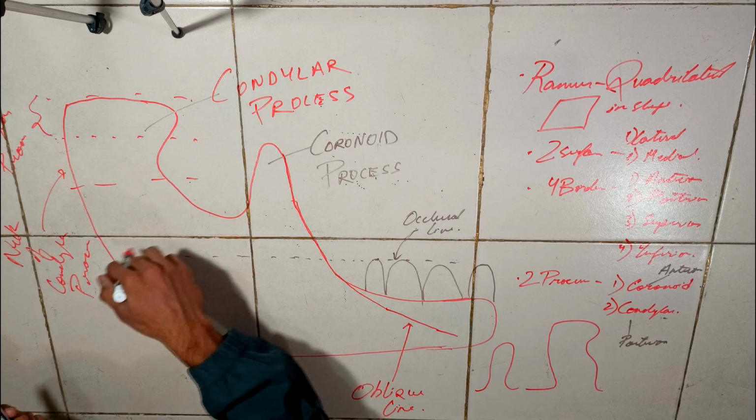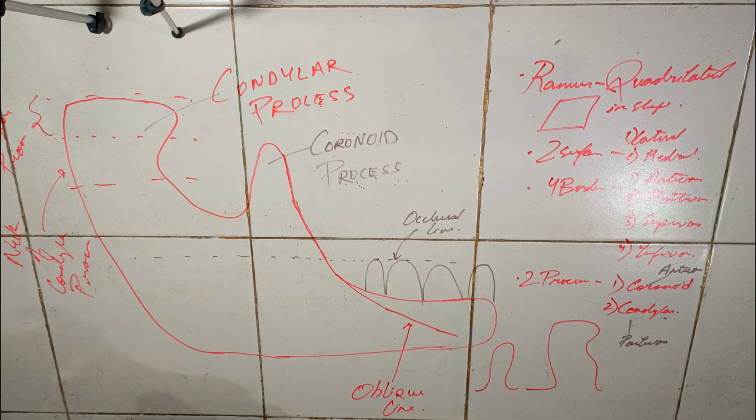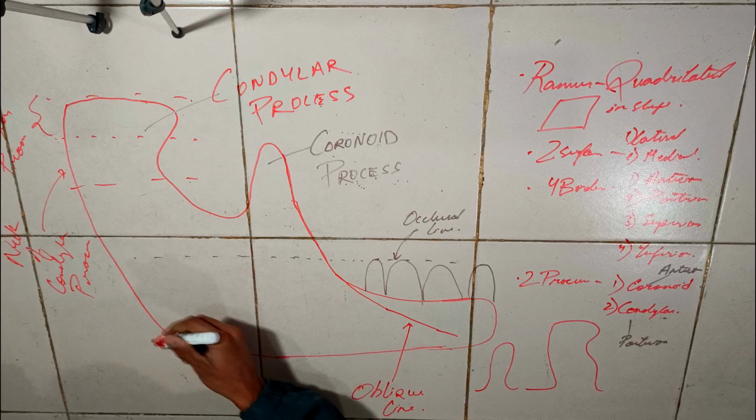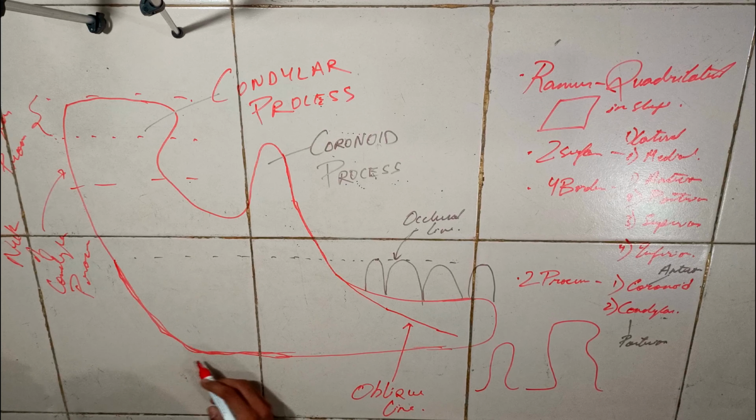And this entire thing is the condylar process. This is the coronoid process, this is the condylar process. This portion which makes an angle is called the angle of mandible.